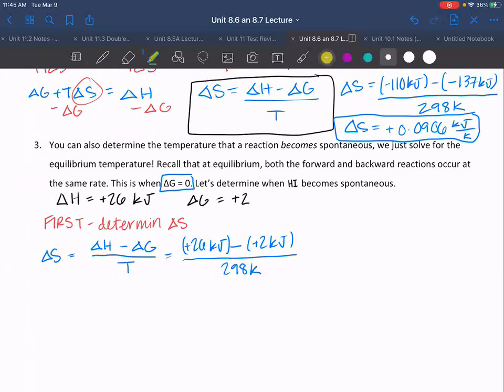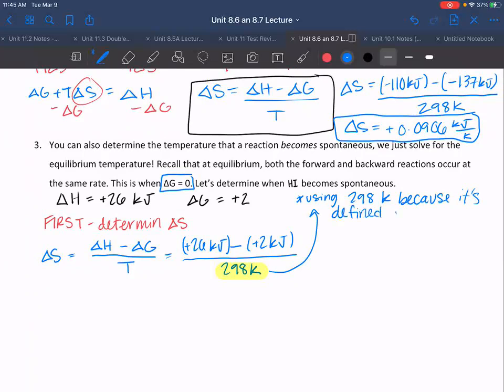And I'm going to actually write a note here, and you guys can too. I'm using 298 because it's defined as standard temp. And so I'm not going to keep writing this, but again, standard temp, that's when these delta H and delta G values were calculated.